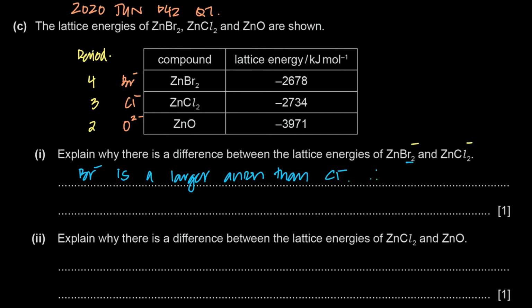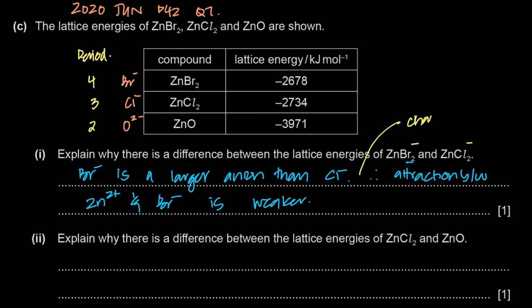Therefore, attraction between zinc and bromide is weaker. You could add here that the charge density on bromide is lower, but most important is the size and therefore the attraction. Larger size, weaker attraction, smaller size, stronger attraction. That's what they're looking for.